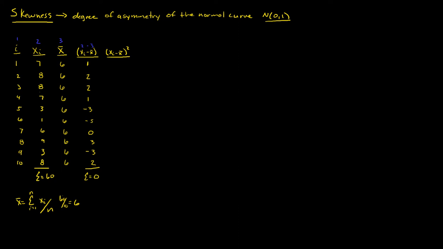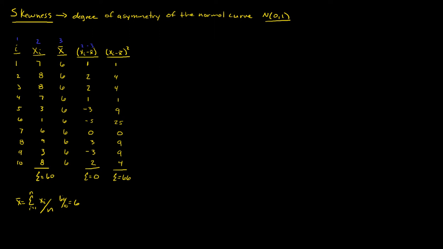So we take each value in column 4 and square it. 1 squared is 1, 2 squared is 4, this is a 4, this is a 1, this is now positive 9, this will now be positive 25, 0 squared is 0, this will be 9, 9 again, and 4. And if you sum this column now, instead of equaling 0, it will now equal 66.